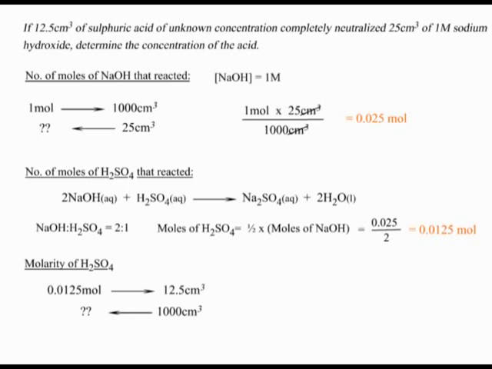We work out 0.0125 moles times 1,000 cubic centimeters over 12.5 cubic centimeters. Cubic centimeters cancel out and we remain with 0.1 moles. And again, because it is contained in 1,000 cubic centimeters or 1 liter, this is also the molarity. And so the concentration of sulfuric acid is 0.1 molar.